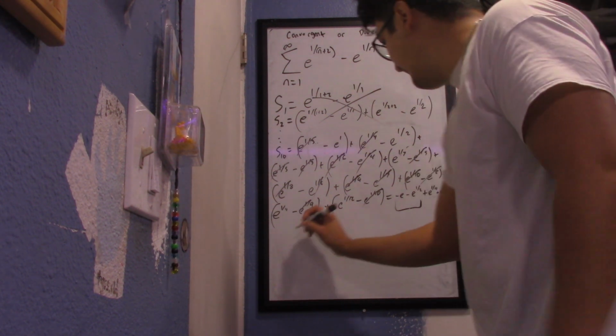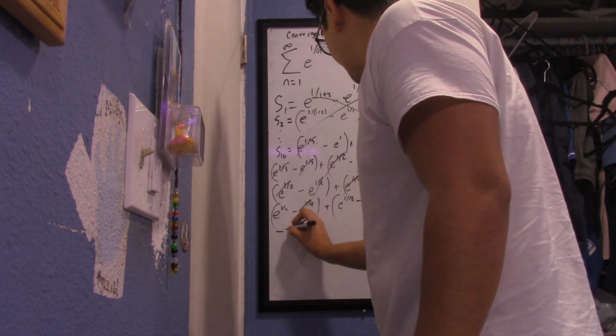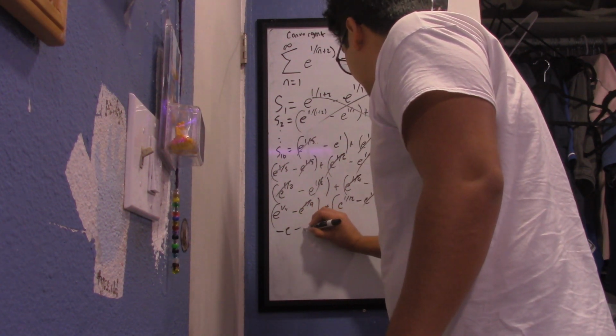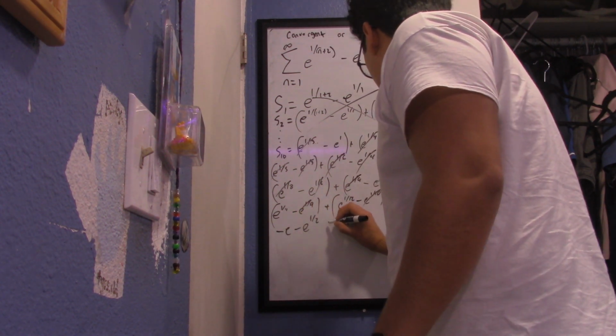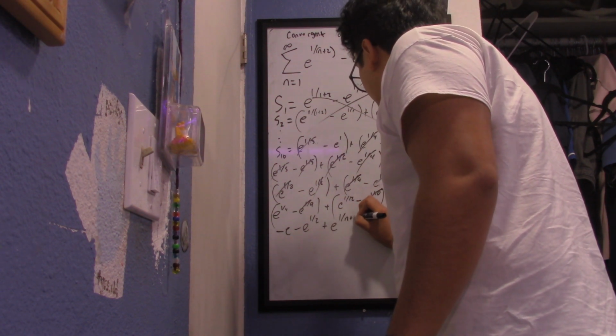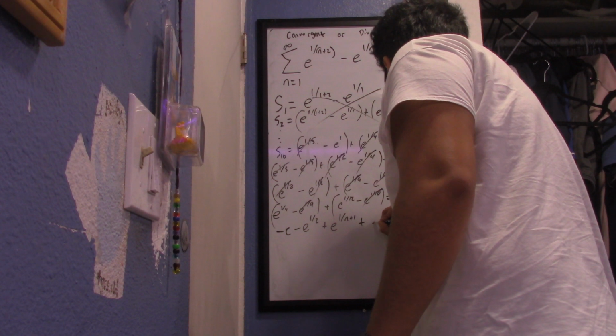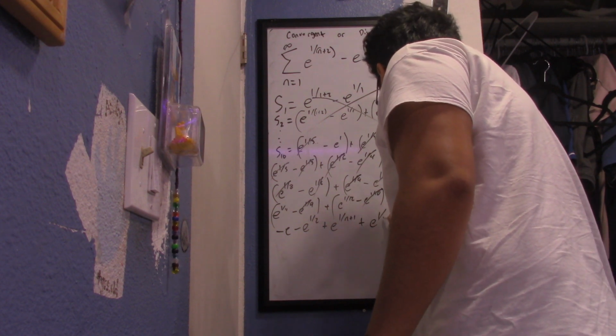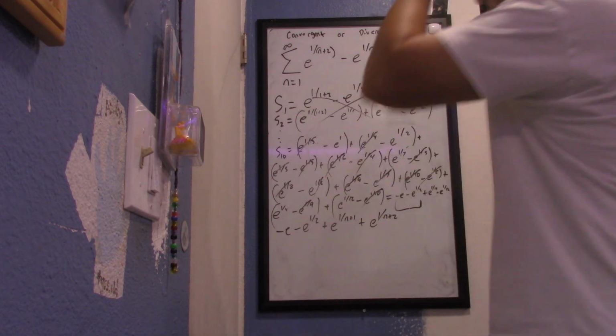So we can infer that it is basically negative e minus e to the 1/2 plus e to the 1/(n+1) plus e to the 1/(n+2).